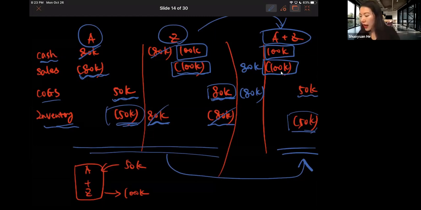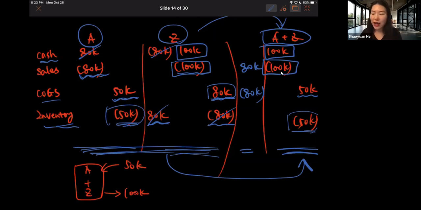So as you see here, starting from two firms' separate books, in order to get to as if two firms are one firm, the journal entry we need to make is we need to debit sales for 80,000, credit cost of goods sold for 80,000.